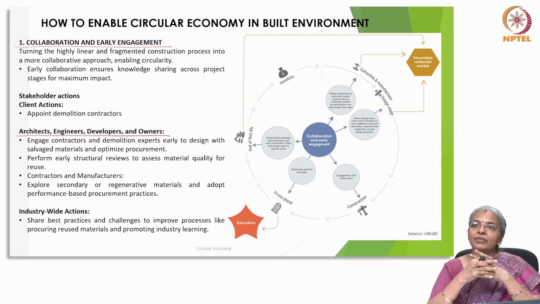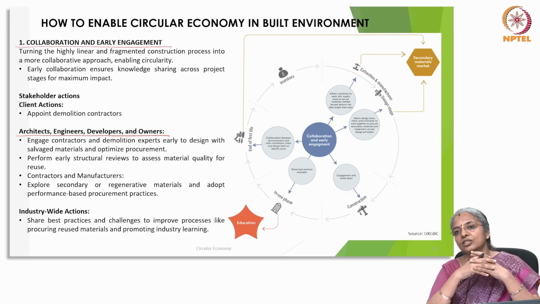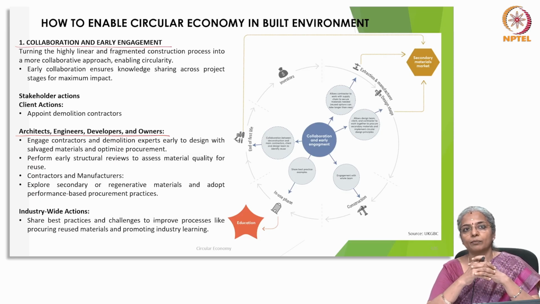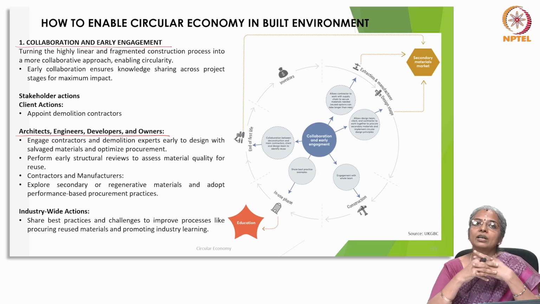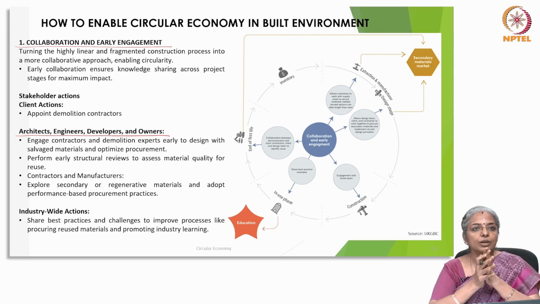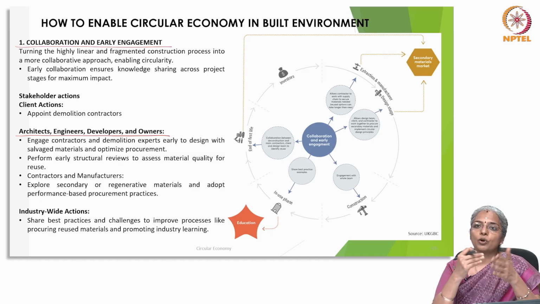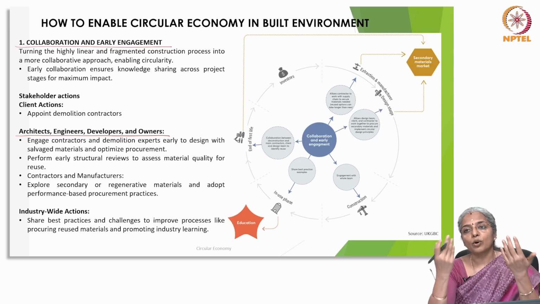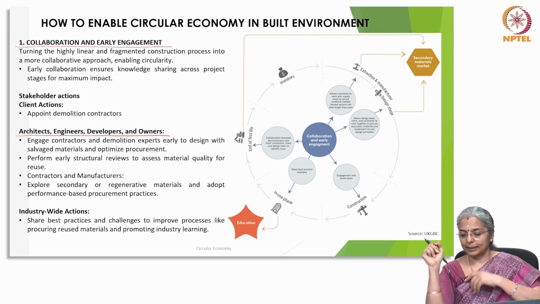Then third is, have contractors and manufacturers also in your confidence. Try to explore secondary or regenerative materials and adopt performance based procurement practices. We should call for industry wide actions and share best practices and challenges in order to improve processes like procuring reused materials and promoting industry learning.